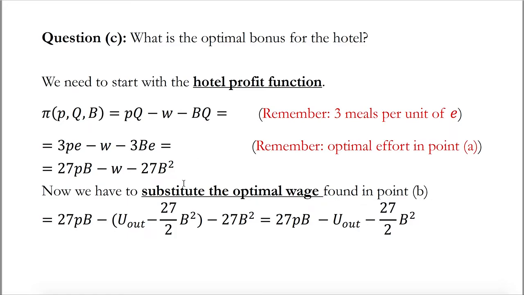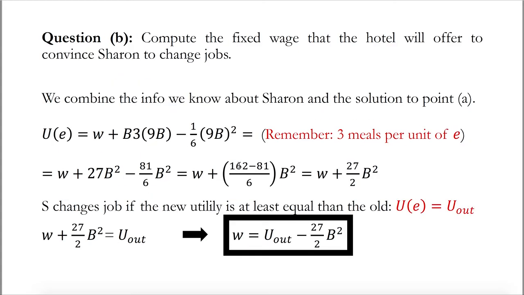If we now take this hotel profit function, we also know what is the optimal wage. We see that this profit function also contains this W, but in point B, we have computed the optimal fixed wage for Sharon that the hotel should offer to her.